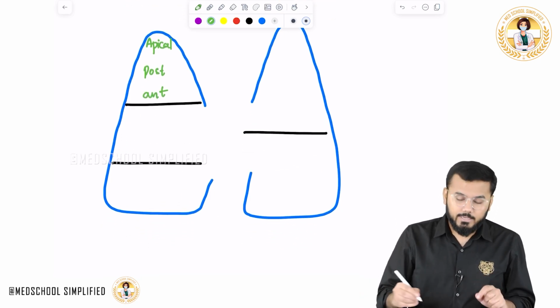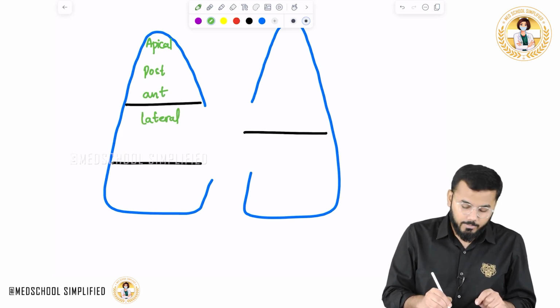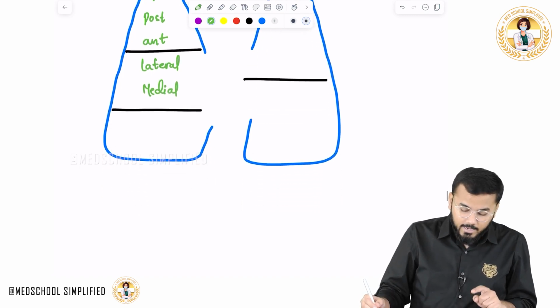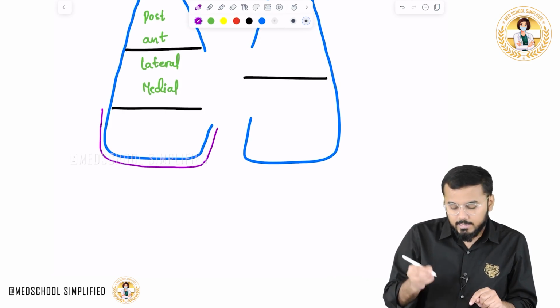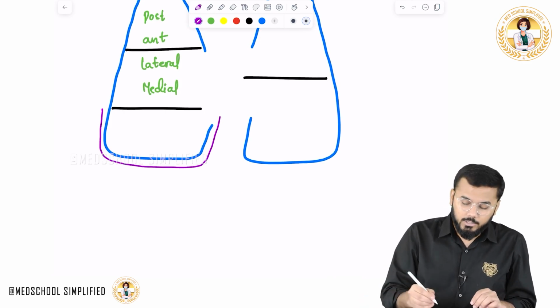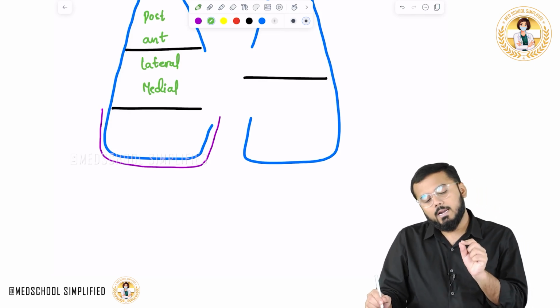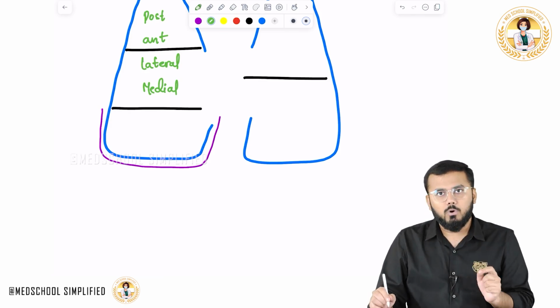Next, after that, we have got 2 important things. Lateral, opposite of lateral will be medial. Medial. Okay. And next important thing is this entire part which you can see here, this part is called the base. So whatever bronchopulmonary segment I am writing here, all of you should add a name called base after that bronchopulmonary segment.